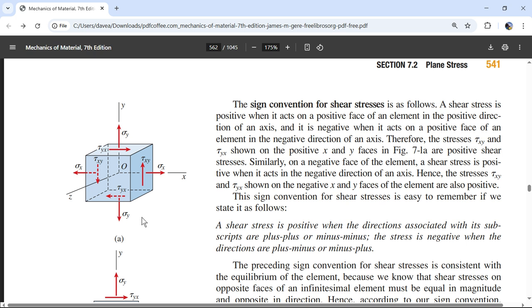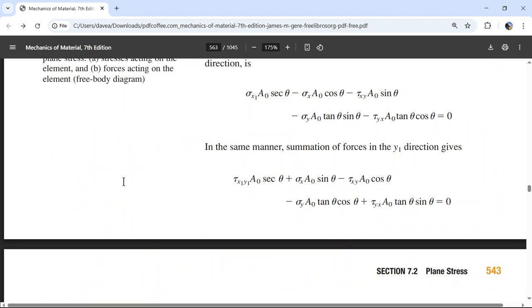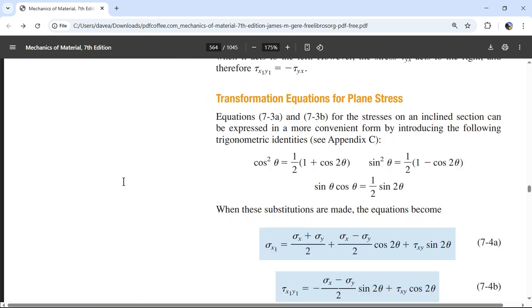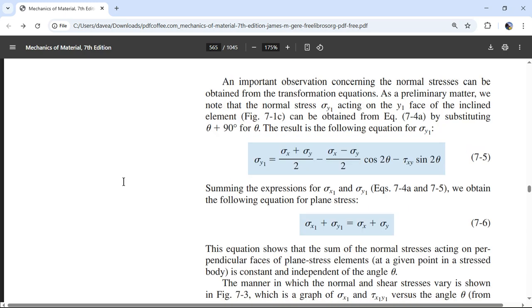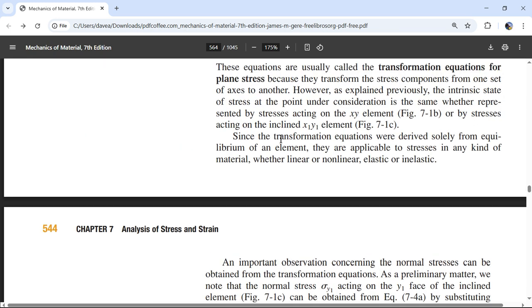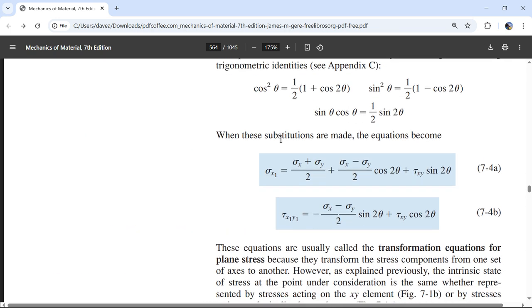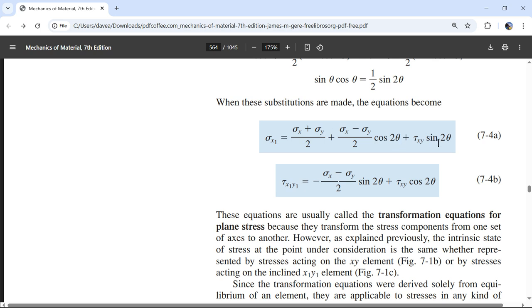We have the bottom surfaces known, we know a portion of this surface, and now our area is bigger, and we can use the free body diagram approach to figure out sigma y1. So they just use trigonometry, and I buy that. Because sigma y1 is just theta plus 90, we can take this equation and throw in theta plus 90. And so, yeah, it's fascinating.